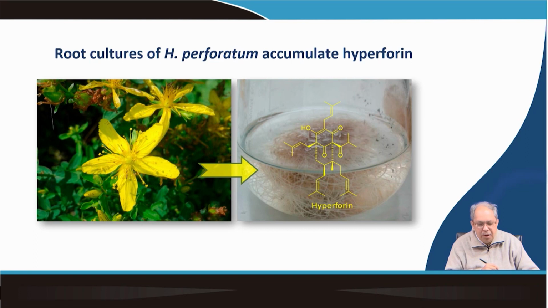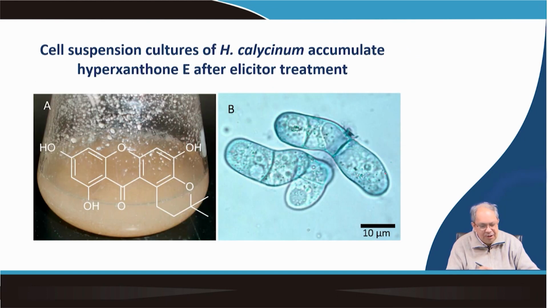So, root cultures of Hypericum perforatum were established, and these root cultures were shown to accumulate hyperforin. This is the plant and this is the root culture, very interesting. And then cell suspension cultures of a related species were also used to study the biosynthetic pathway, and these cell suspension cultures were treated with methyl jasmonate, as I have mentioned in the elicitation class.